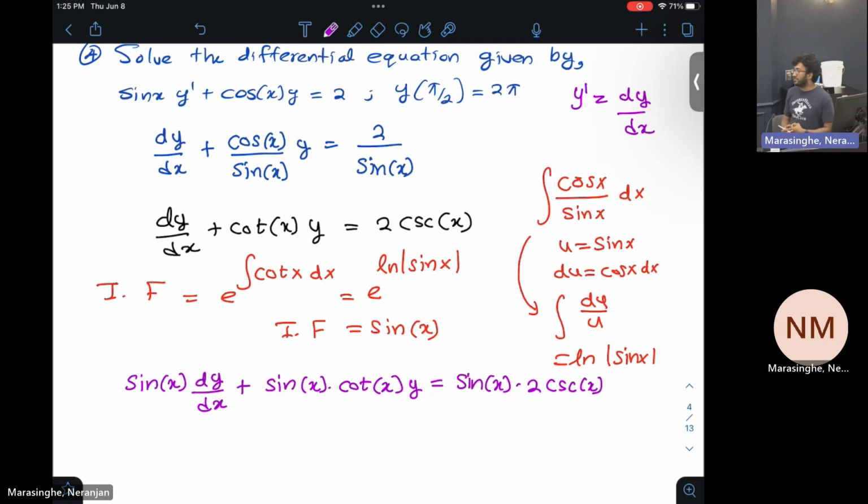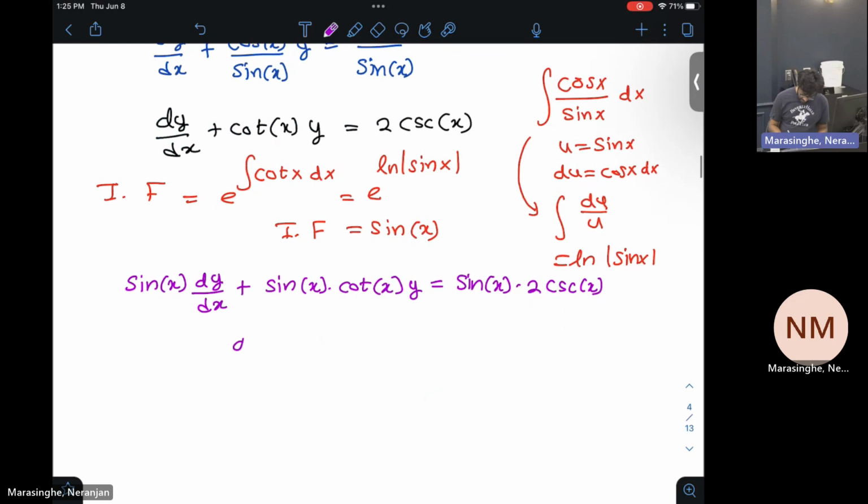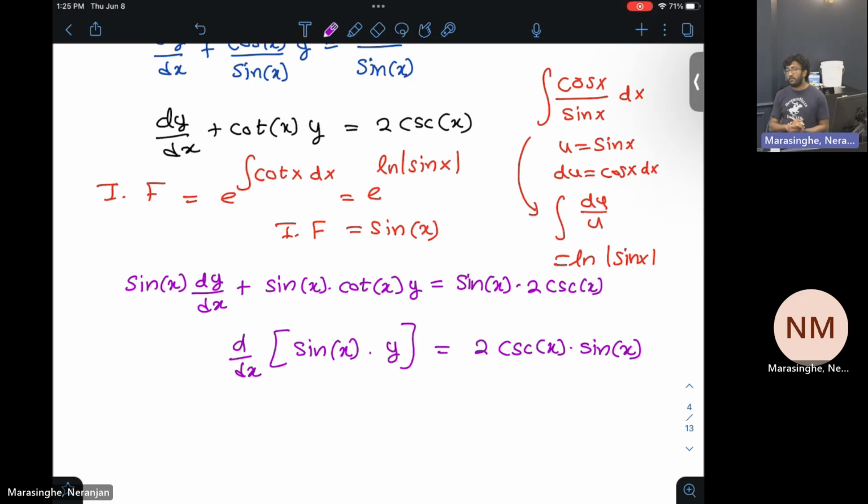Then replace the summation by our usual trick. That is, the summation is the derivative of the integrating factor times the dependent variable, which is sine of x times y.